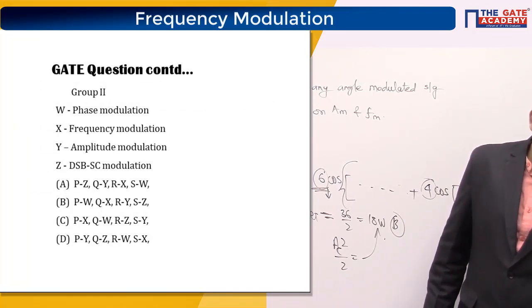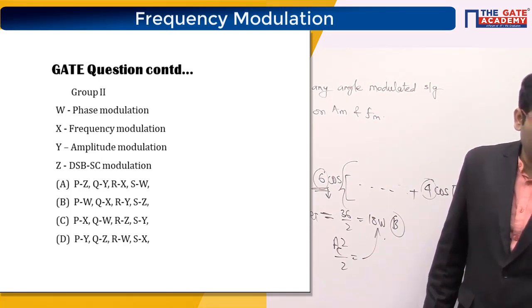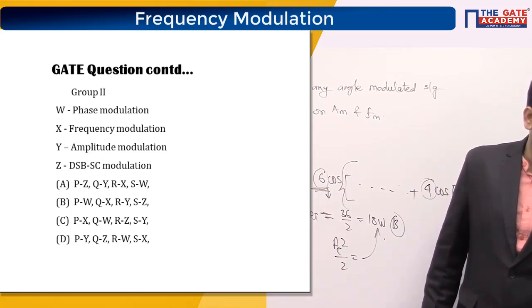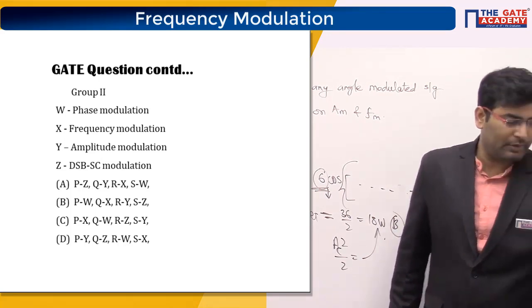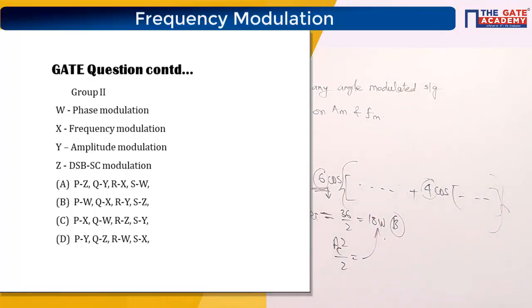So P is going to be amplitude modulation, AC 1 plus kmt cos omega ct, that's what you recall. Mapping P with Y, your job is done. So the answer is D.